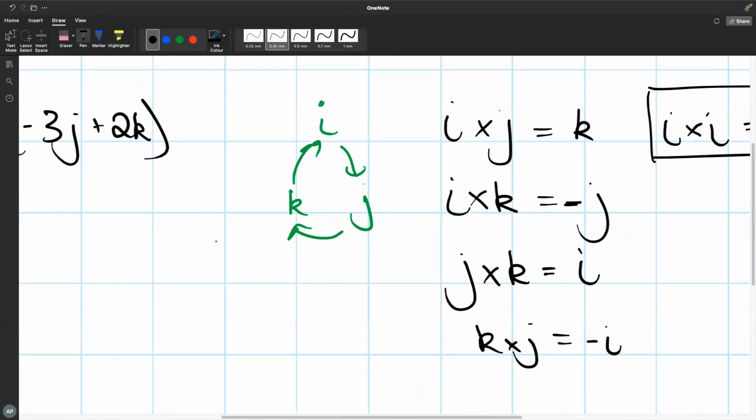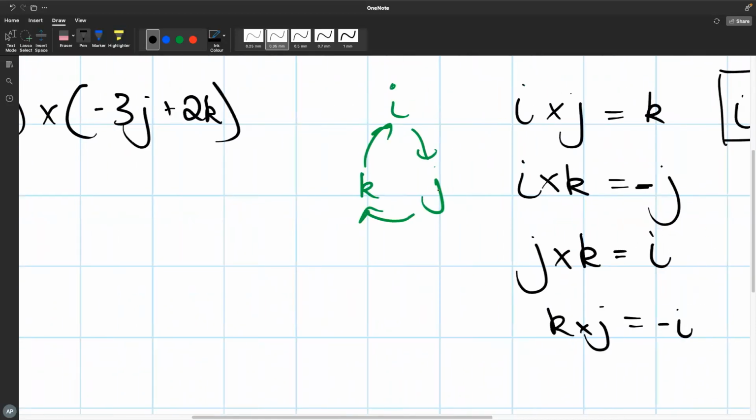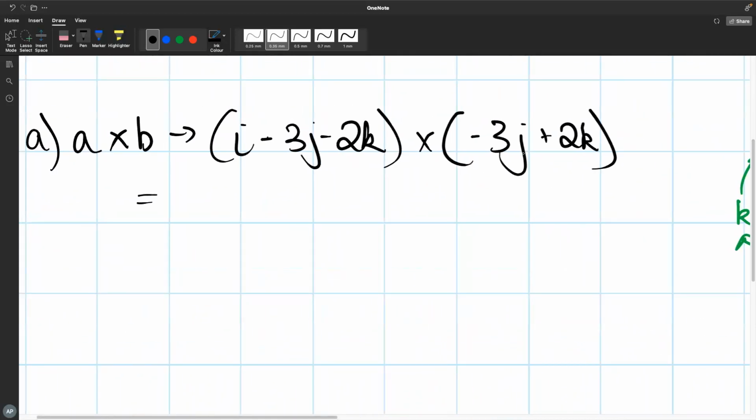So with this in mind, we can start doing a cross product. Now this equals, so i cross minus 3j, so i goes to j, which gives us k, and because that's positive, we retain this negative sign, so that becomes negative 3k. Then i cross plus 2k goes backwards, so we get minus 2j.